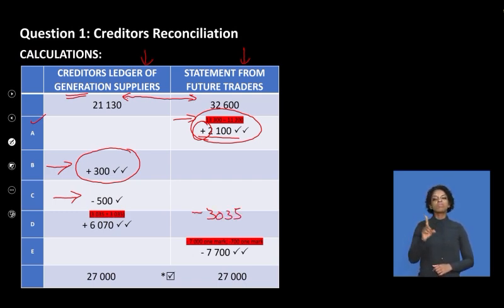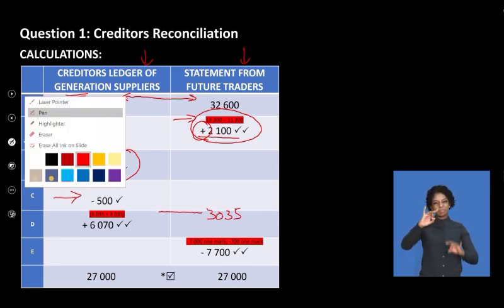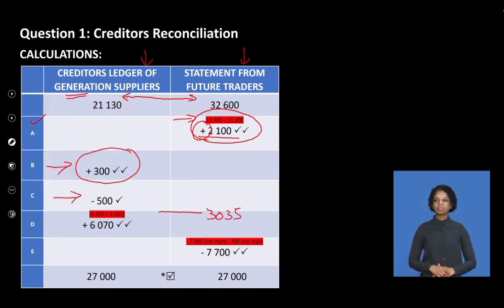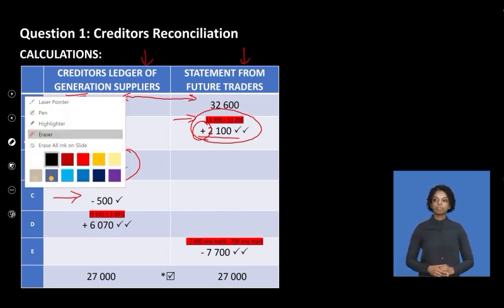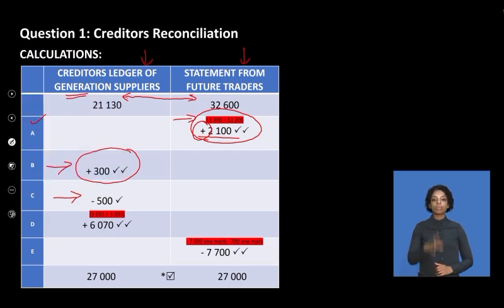In our records, obviously. Let's just redo that so we have a bit of clarity. I just want to show you this here. Let's not get confused here. Okay, what I'm saying is that we showed it as if we had returned goods to them, right? So we decreased the account by 3035.